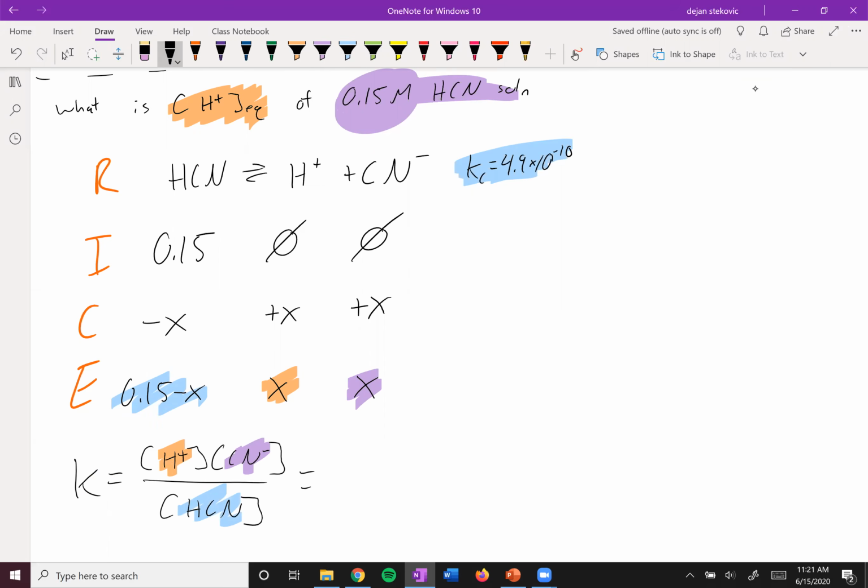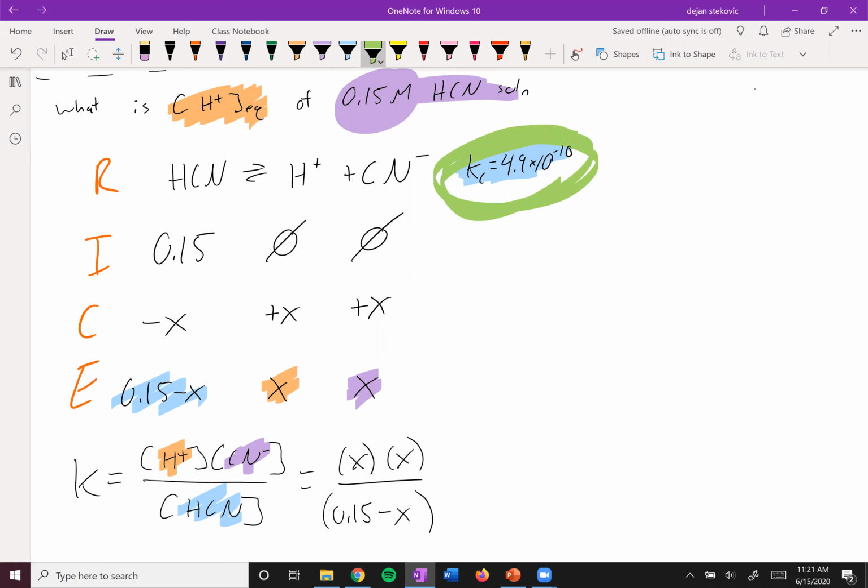So what we end up with is X times X over 0.15 minus X. And we're also given the value of Kc, so we can say that this is equal to 4.9 times 10 to the negative 10.